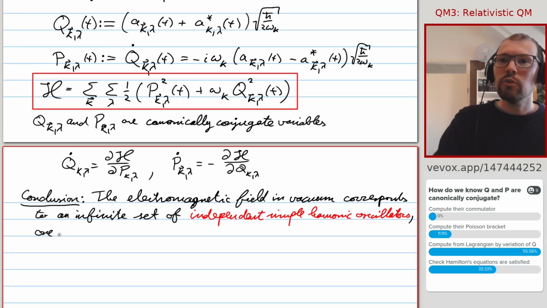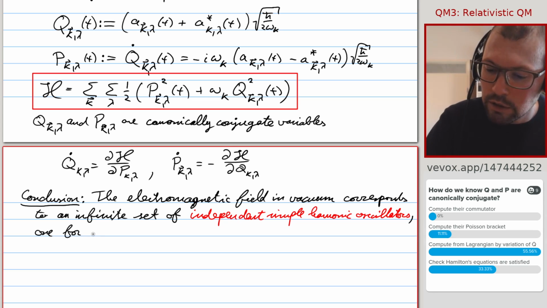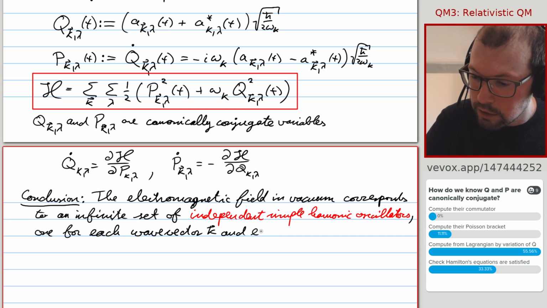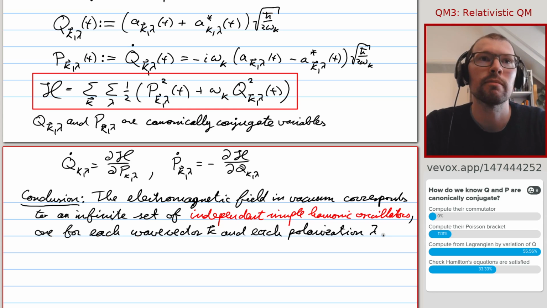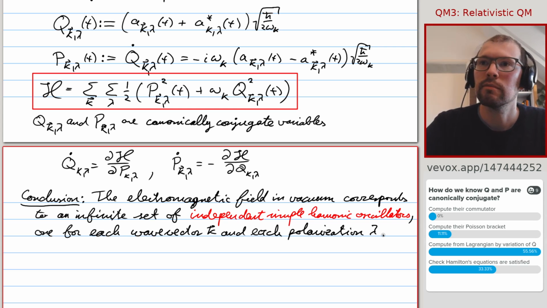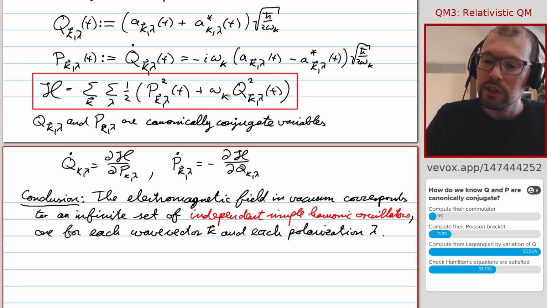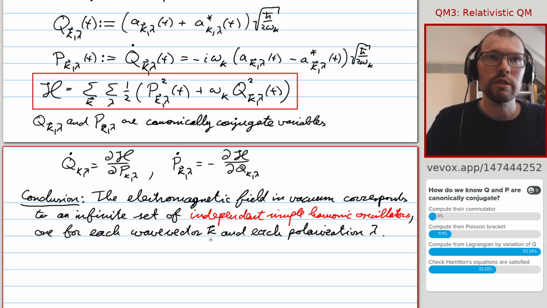And to be more precise, we have one for each wave vector k, and each polarization, each of the two polarizations lambda. And these simple harmonic oscillators, they have a frequency omega k that depends on this wave vector.